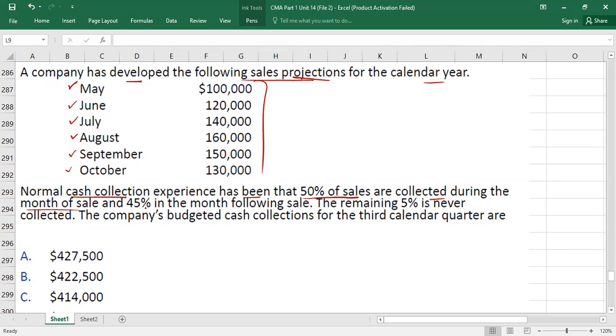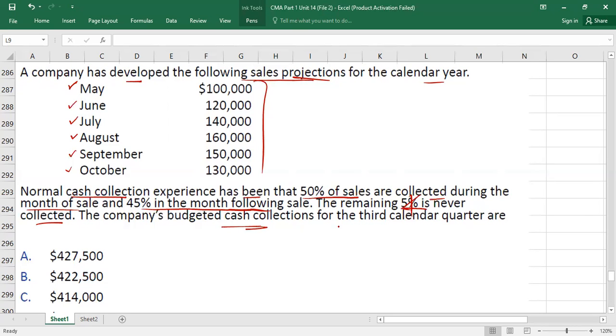For example, if you made a sale in January, 50% you will collect in January itself, and 45% in the month following the sale. Like January sales times 45% will be collected in February. Then the remaining 5% is never collected. So we have nothing to do with this 5% because it is no more your cash collection.